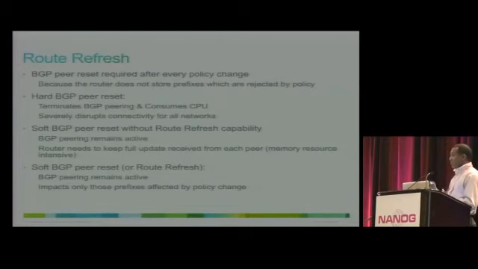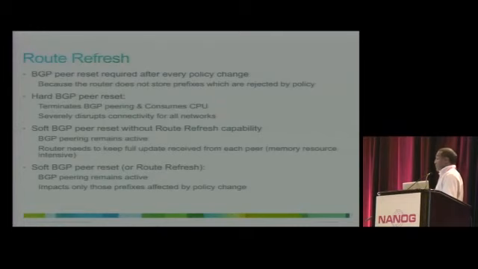Which means you have to have another set of memory that keeps all the routes received from a peer. But that takes up a lot of memory, particularly if you are peering with so many peers and receiving several routes from each one of them. So it doesn't scale well.